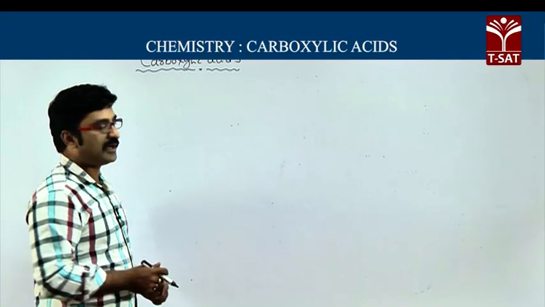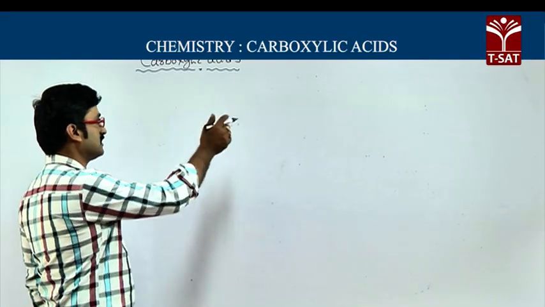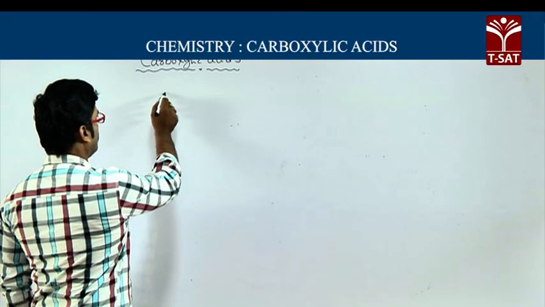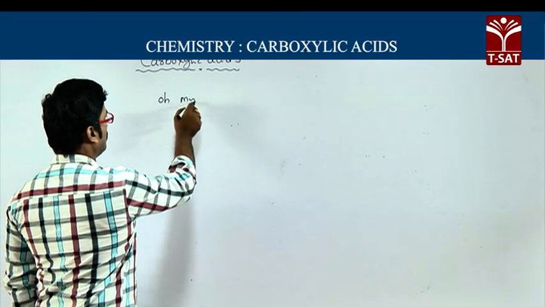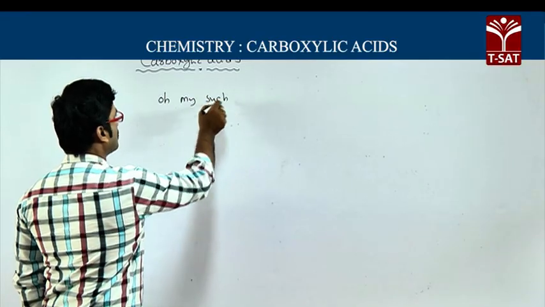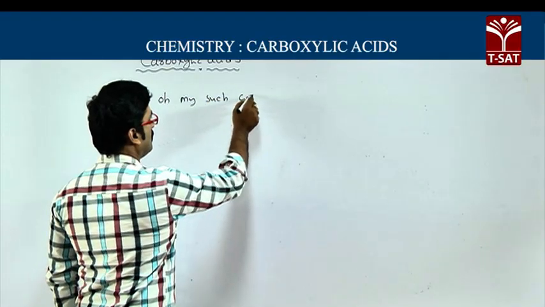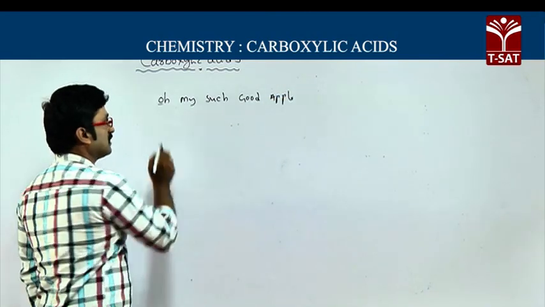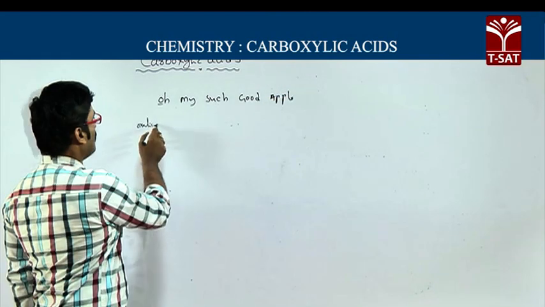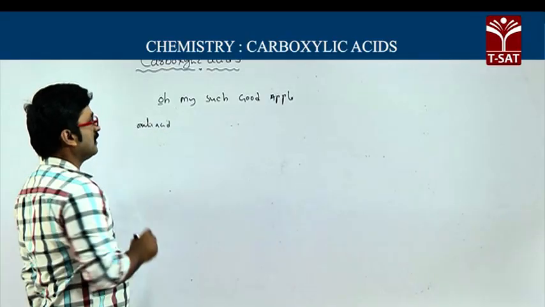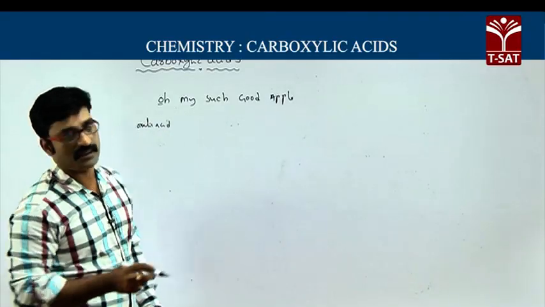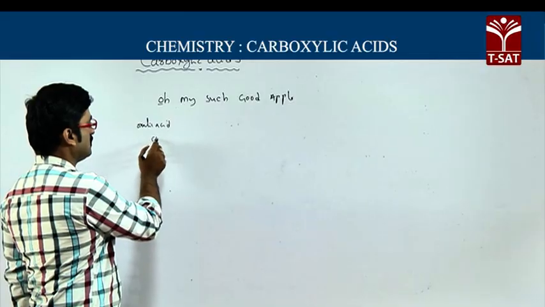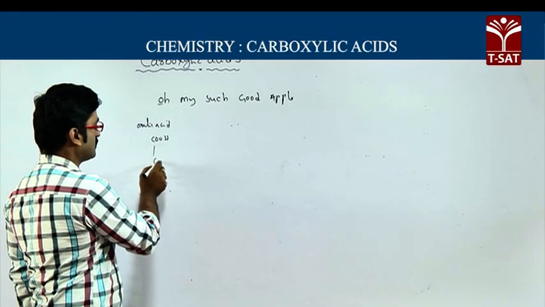You can remember dicarboxylic acids by remembering this: oh my such good apples. Here the first letter is O. O is oxalic acid, the dicarboxylic acid which contains 2 carbon atoms: COOH, COOH.